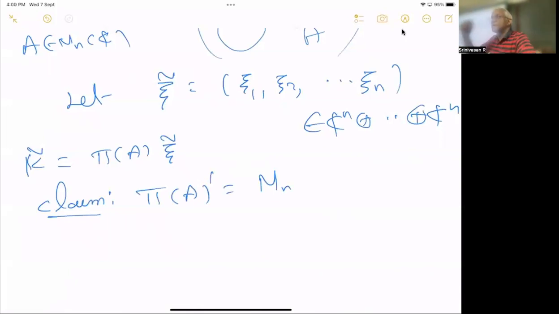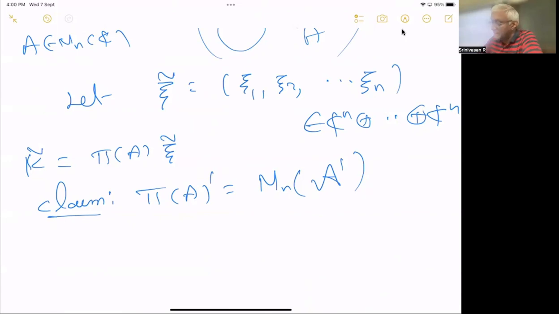But A commutant is in Mn(C). I'm saying this is precisely equal to the matrices whose entries come from A commutant. Pi of A is just A on the diagonal. You just do the computation.